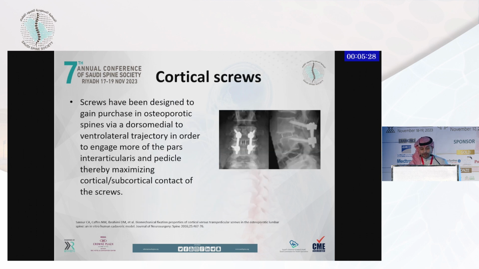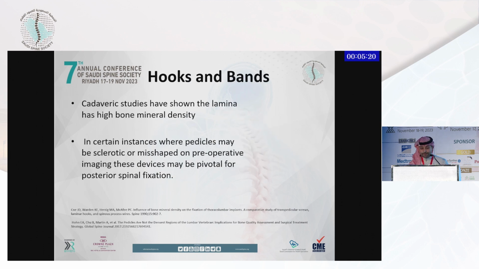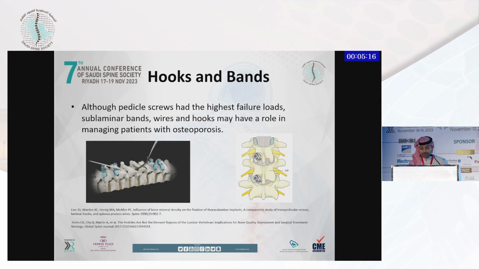Cortical screws rely on maximizing the cortical-subcortical contact of the screws. Hooks and bands are well-described techniques. You can use sublaminar bands as shown in the illustration, and sublaminar hooks, which engage the mostly dense bone, the vertebral body.